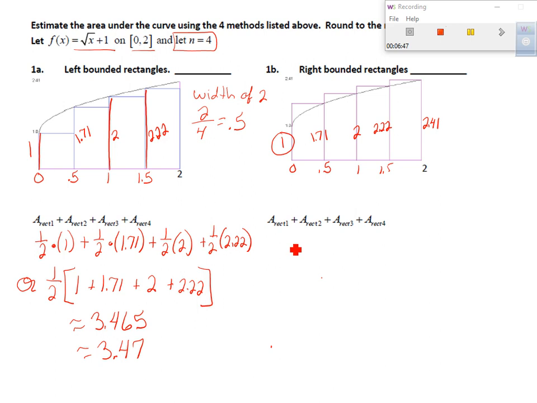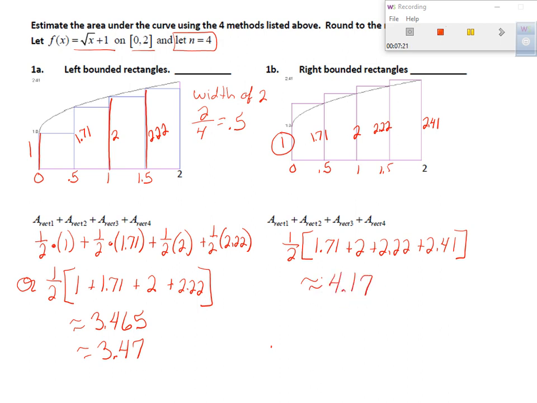So when I go to do this one, I know every rectangle has a height of 1/2. I need the height of rectangle number 1 on the right-hand side. Well, that height is 1.71. The next heights on the right are a 2, a 2.22, and a 2.41. If you run that through your calculator, I had about 4.17.